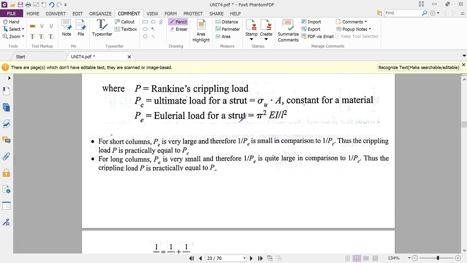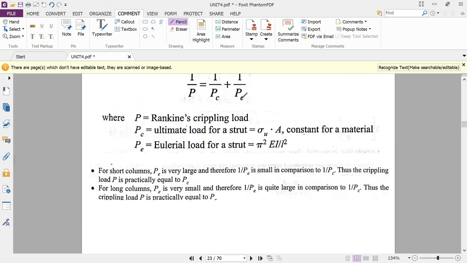So for the short column PE is very large, and therefore 1 by PE is small in comparison with 1 by PC. Now for a long column PE is very small, and therefore 1 by PE is quite large in comparison with 1 by PC. So therefore the crippling load is practically equal to PE.